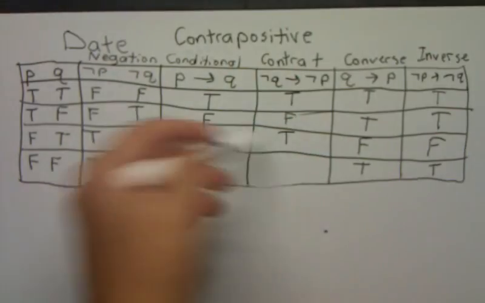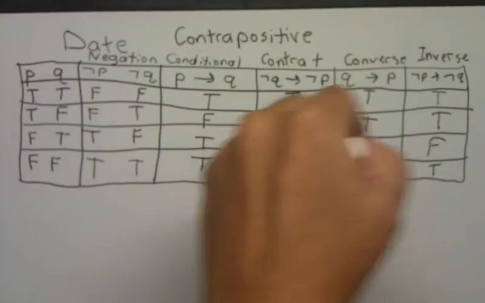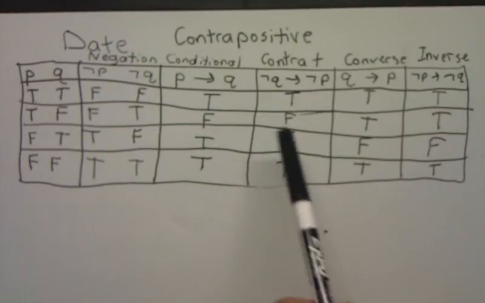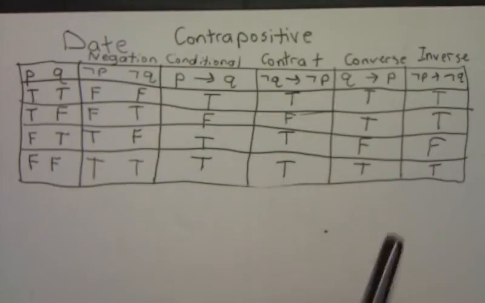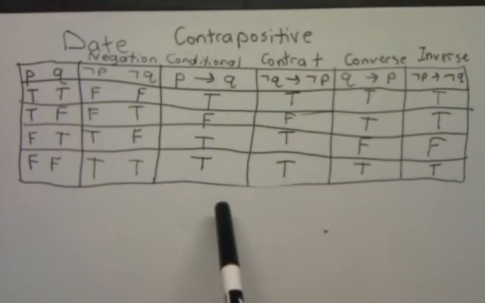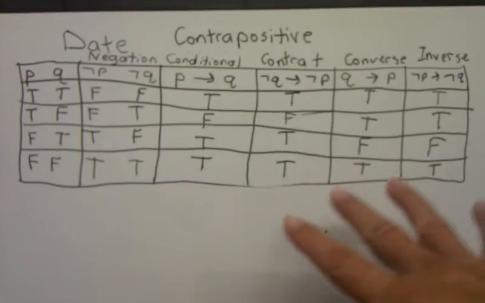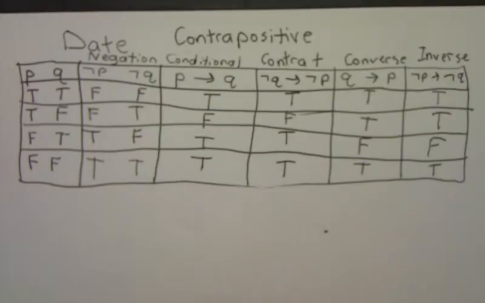And if they're both false, the contrapositive is true. You'll notice by looking at my chart that my conditional and my contrapositive are both the same charts. So we arranged it on the chart in such a way where visually it'll help you understand this more. It'll help you grasp it quicker.